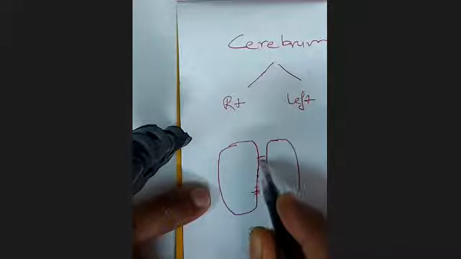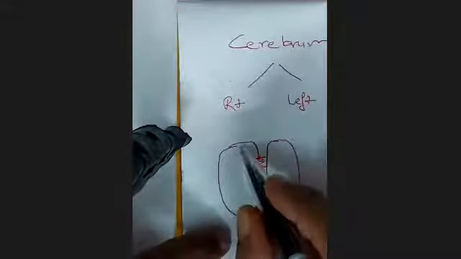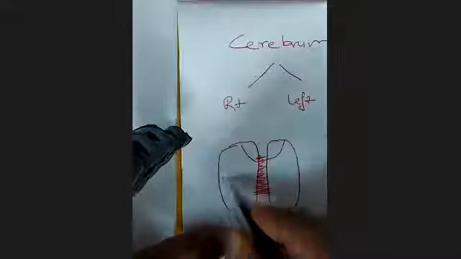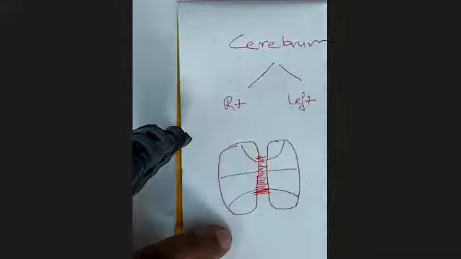So this is the corpus callosum, which contains commissural fibers. Commissural fibers connect exactly similar areas of the two different hemispheres.